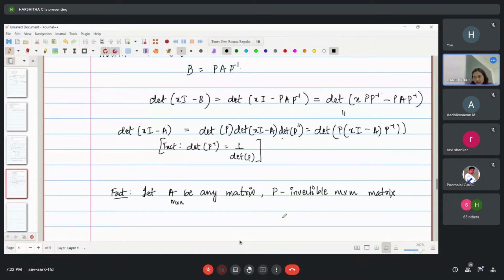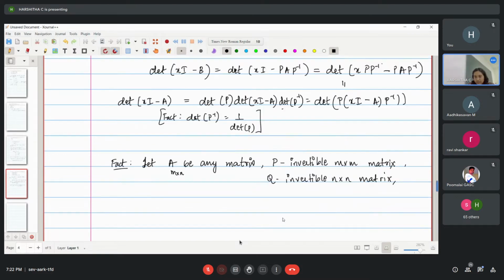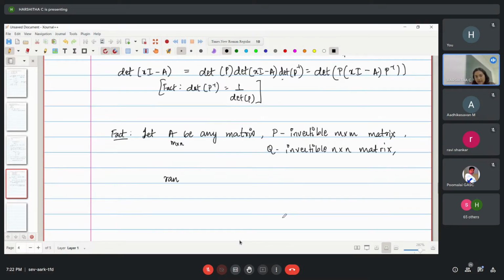Let P be an invertible m cross m matrix, and let's say Q is an invertible n cross n matrix. So rank of A will be the same as rank of PA, which is the same as rank of AQ.